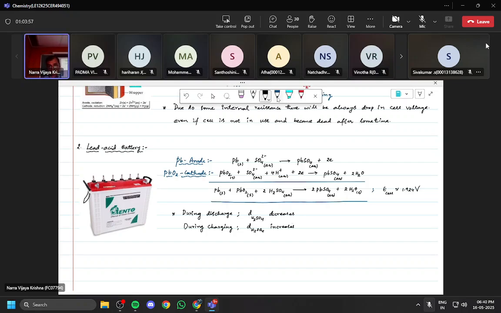The density of H2SO4 changes between 1.3 gram per ml and 1.2 gram per ml. Approximately 38% by mass is the percentage by mass of H2SO4.